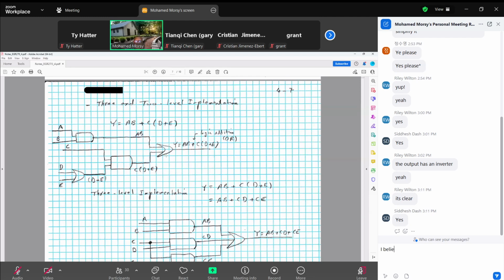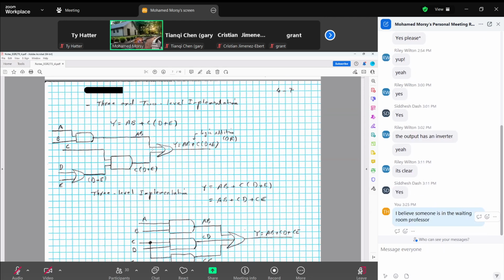I steal the system and I don't know the layout of the circuit. But if I apply 1 and 0, the output is 1. If I apply 0, 0, the output is 0. 0, 1, the output is 1. 1, 1, the output is 1. So immediately I know this is an OR gate, without having the IC number or any information about the gate.